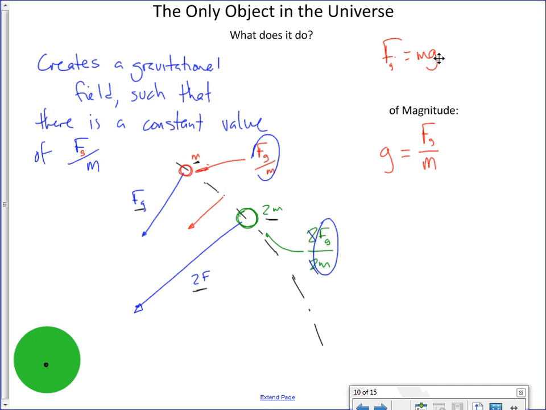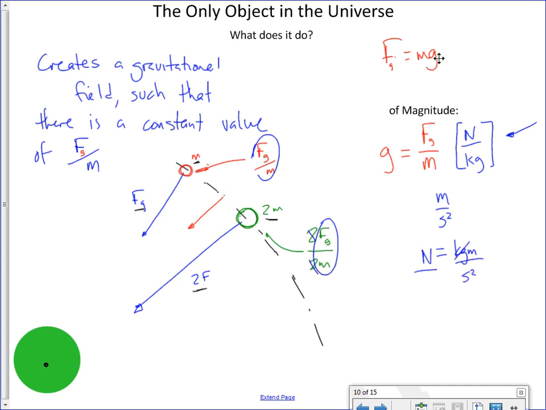If you look at the units of this, force is measured in newtons. Mass is measured in kilograms. So we're talking about this quantity g that's a measure of the amount of force that would be applied per unit mass of the object put at that place. All right, now, we've always talked about g as acceleration and said, well, wait, isn't g just measured in meters per second squared? Well, remember what a newton is. A newton is a kilogram meter per second squared.